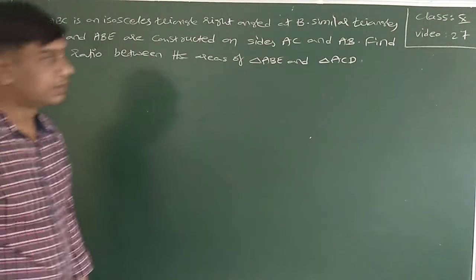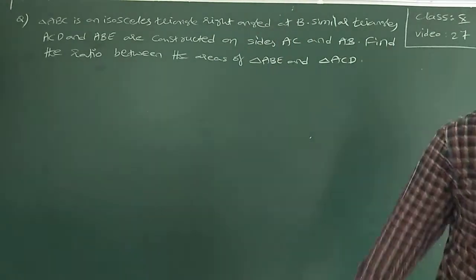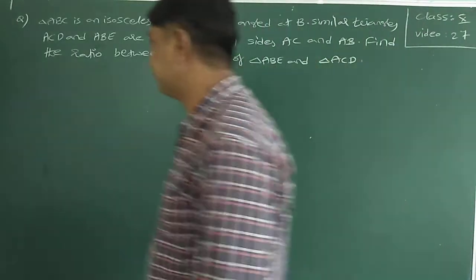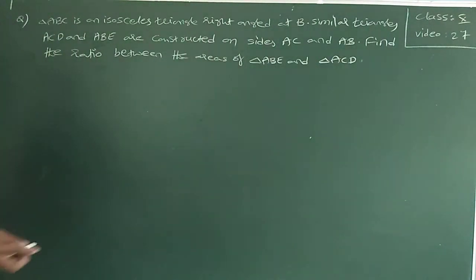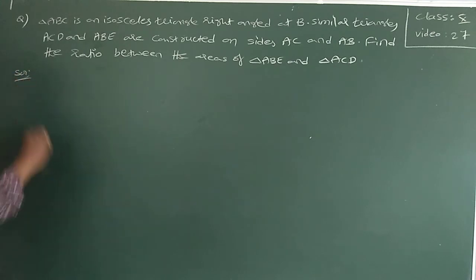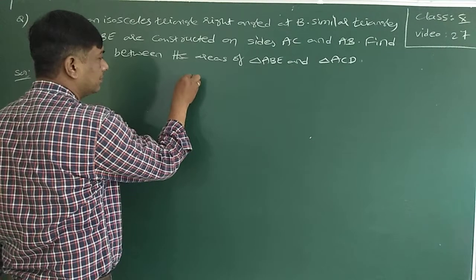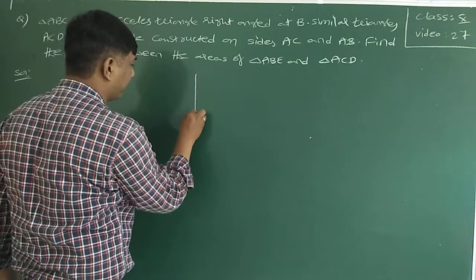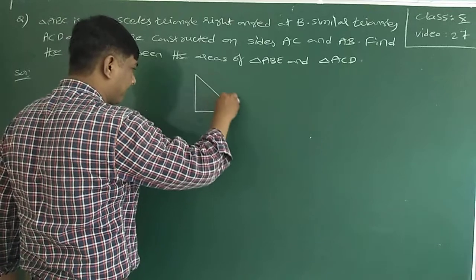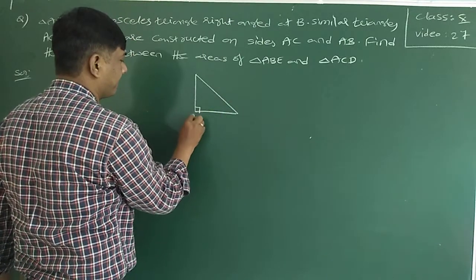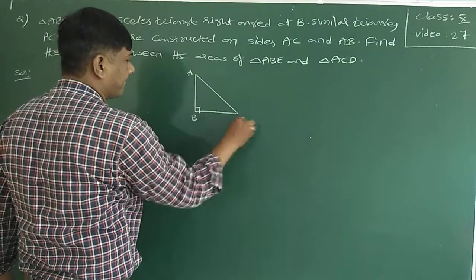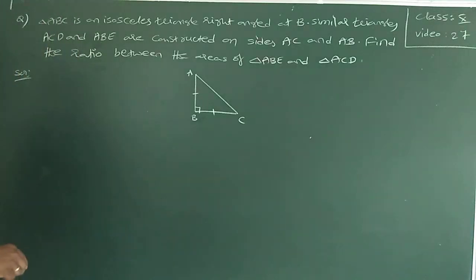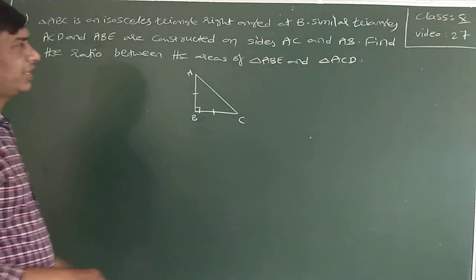Okay. See here, triangle ABC is an isosceles triangle, right angle at B. These two are equal. ABC is an isosceles triangle, right angle at B, as per this.